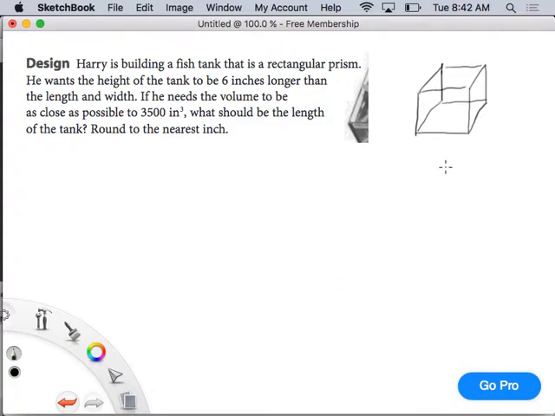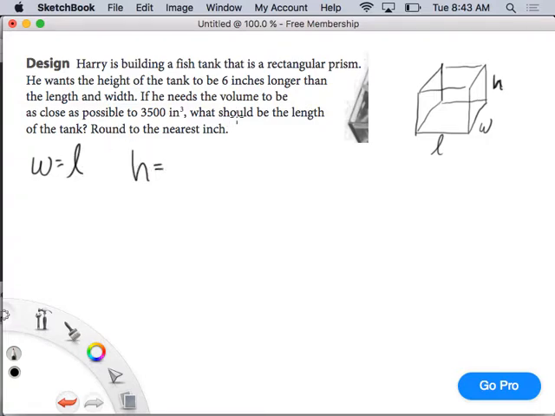Okay, and let's call this the length, the width, and the height. It says he wants the height of the tank to be 6 inches longer than the length and the width. Well, what does that imply about the length and the width? They're the same. So we know that the width equals the length.